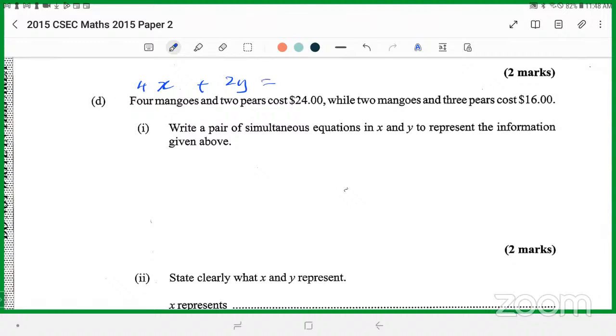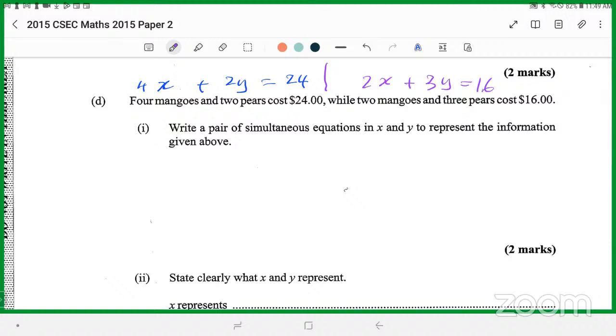That equals $24. That's the first equation. And then over this side, we have a different color for this side. The other information. 2 mangoes, that is 2 times the cost of a mango, and plus 3 pears, 3 times the cost of a pear. That equals $16. Those are my 2 equations.